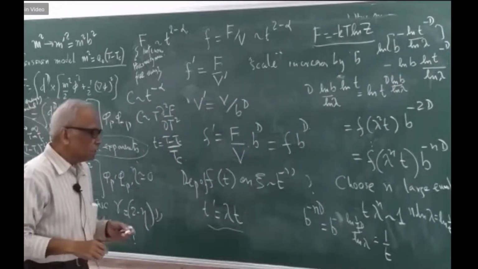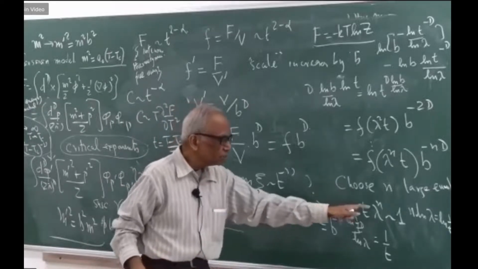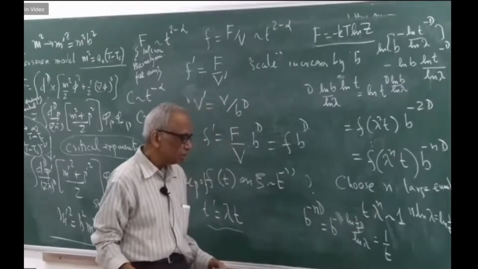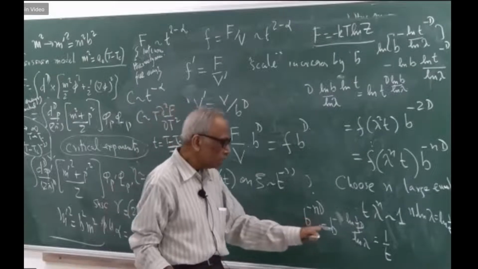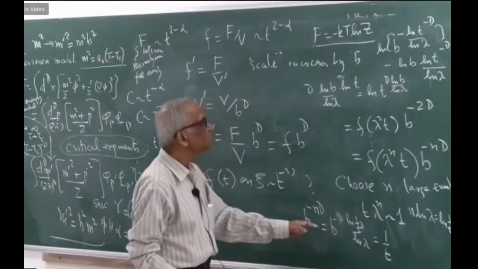So here we are. This is after I have gone n steps such that t lambda to the n is equal to this. I have b to the power minus nd, with n substituted by that.